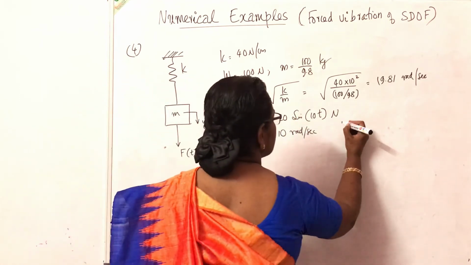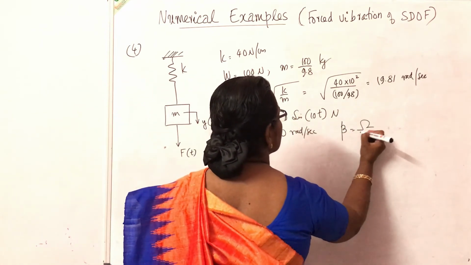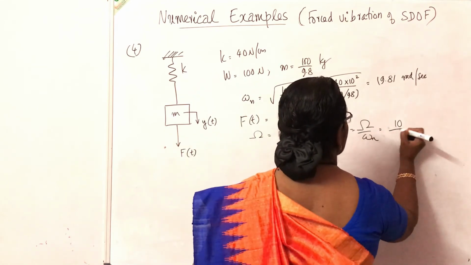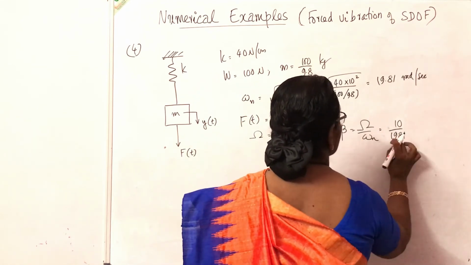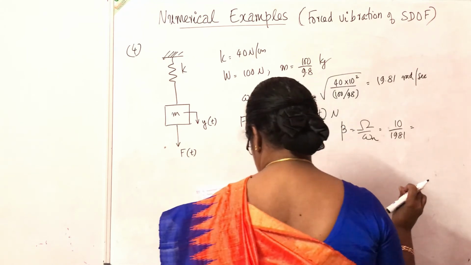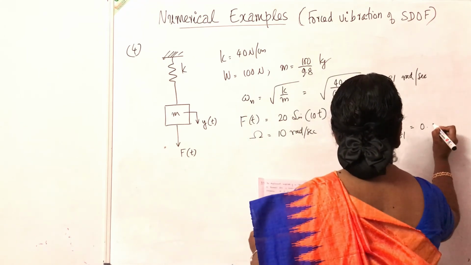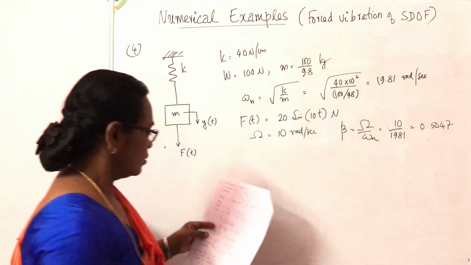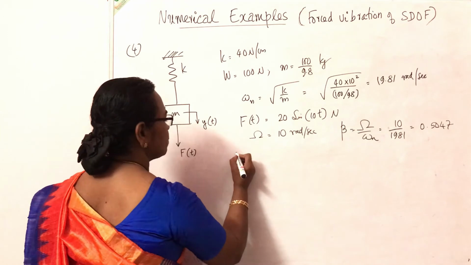You can get the frequency ratio beta is equal to omega bar by omega n. So it is equal to 10 by 19.81. It works out to 0.5047. And in this question, there is no mention about damping.